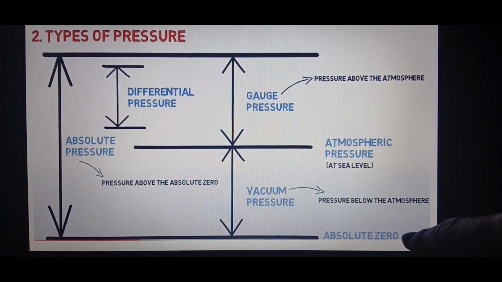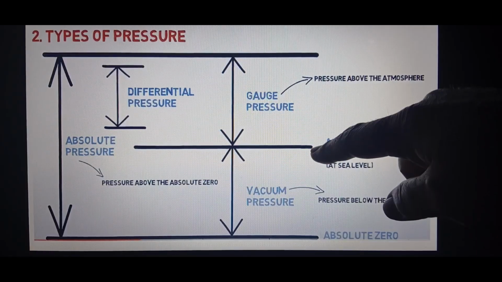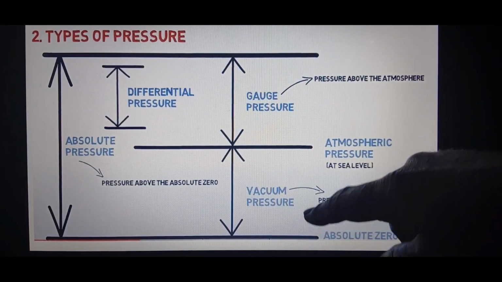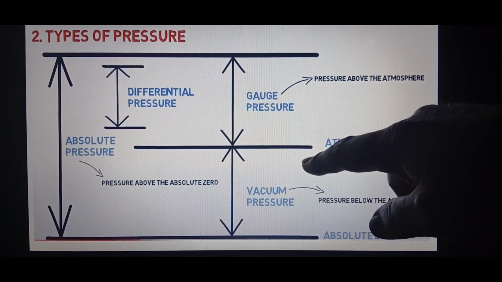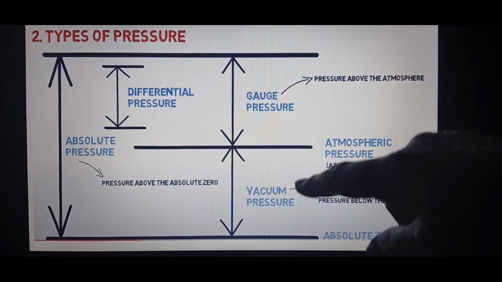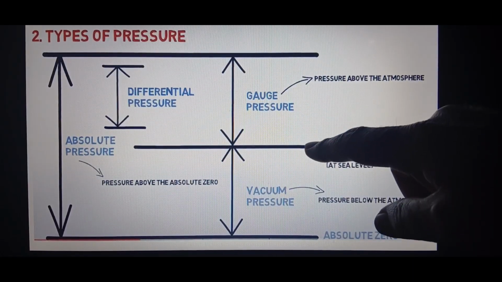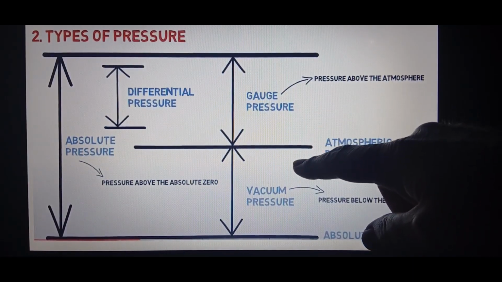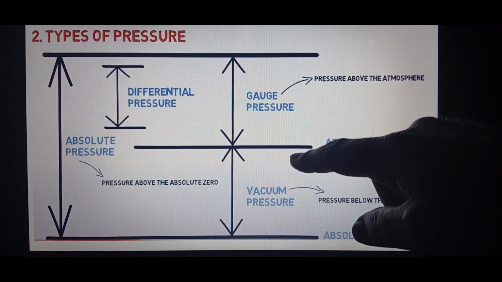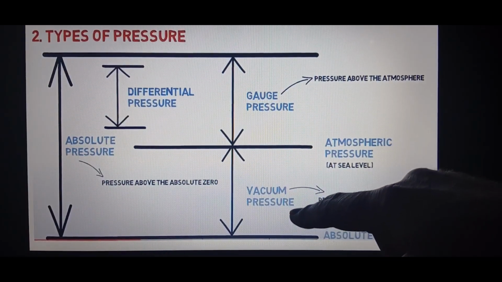Absolute zero is like standing at sea level, and all this air that is above you right up to the end of the atmosphere, the weight of that air is called the atmospheric pressure, which is roughly about 1 bar or 14.7 psi. Now, if you could suck all that air out of there as you go down, all this area that you're going down is called the vacuum area, vacuum pressure.